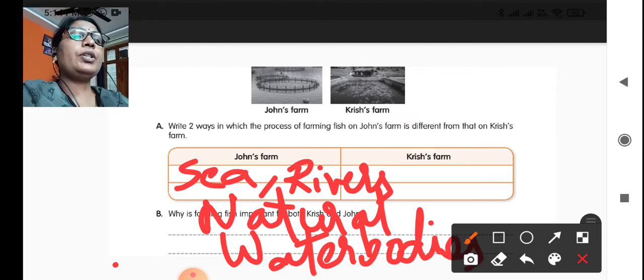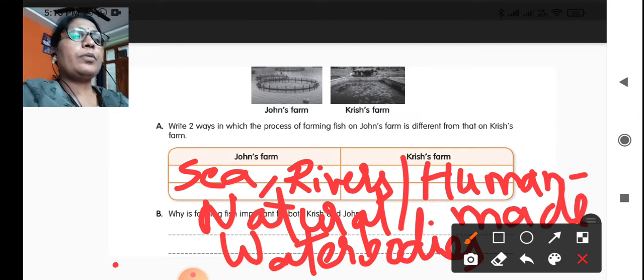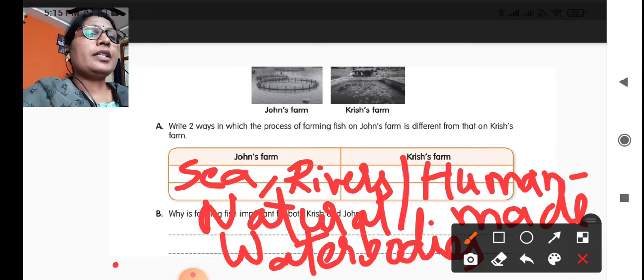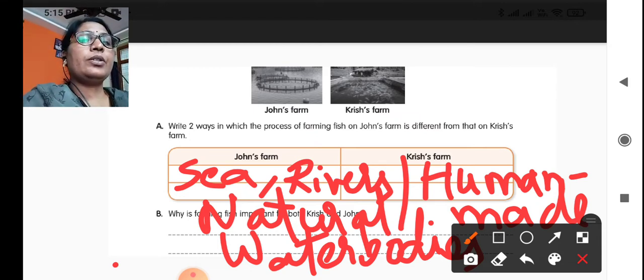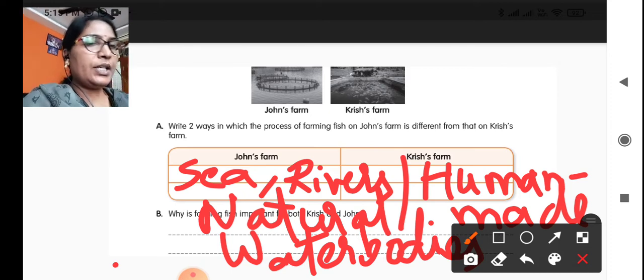Whereas Krish, human made water body, this is artificial water body. Human made water bodies. So, like ponds also can come under this. So, that is the difference between John's farm and the Krish farm.